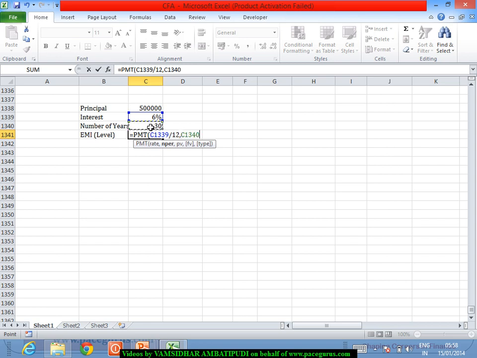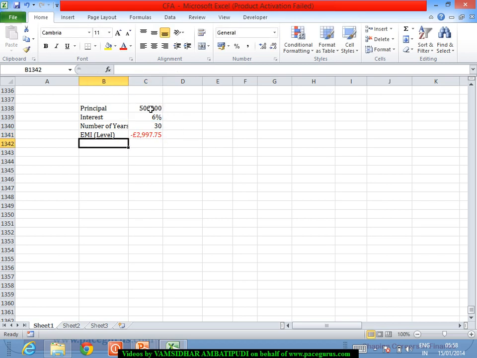And the number of periods, instead of 30 years, I'll take as 360 months. And the loan amount is 500,000. So this says that I should pay close to $3,000, $2,997.75 every period to make sure that my loan gets repaid.